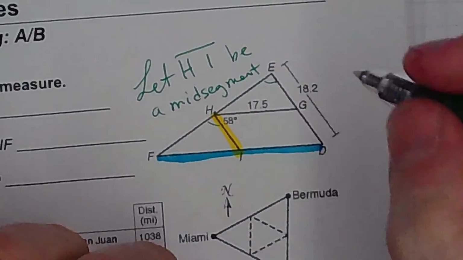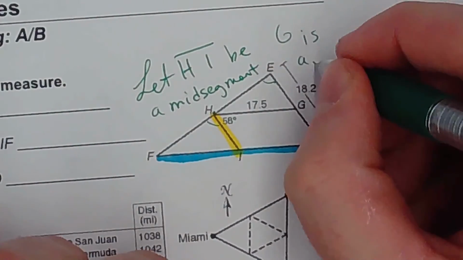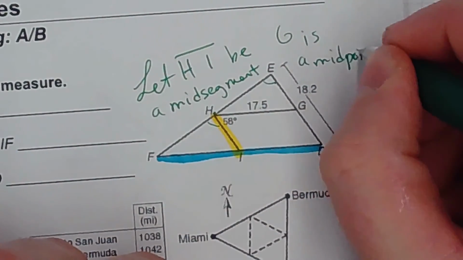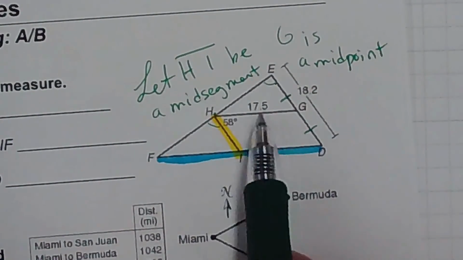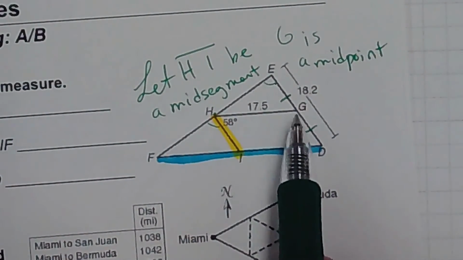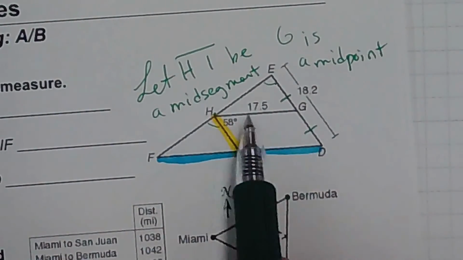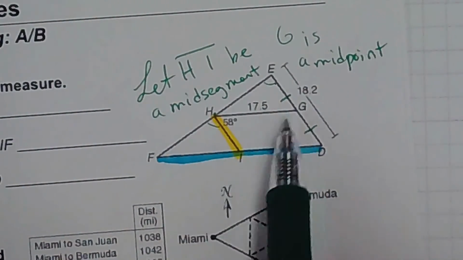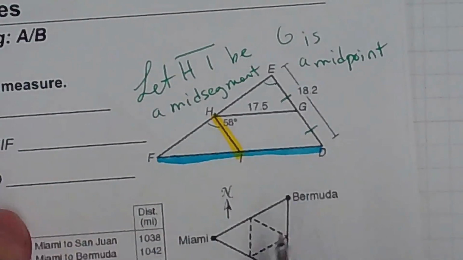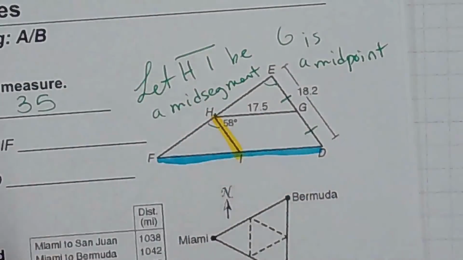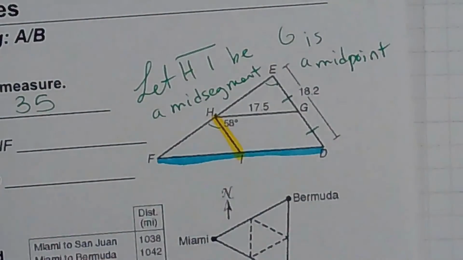We need to also say that G is a midpoint. So if G is a midpoint, this and this are equal. What does that make HG? If G is a midpoint, what does that make HG? A mid-segment. So how much is FD? Double. 35. I said nice job, Natalie.